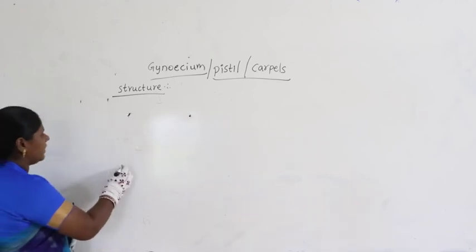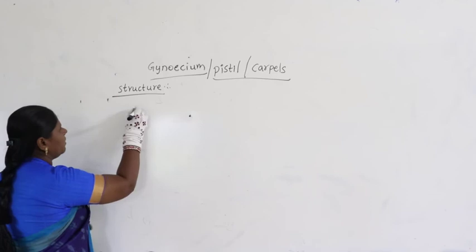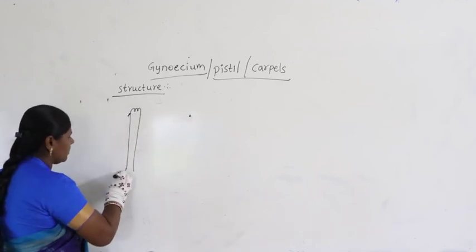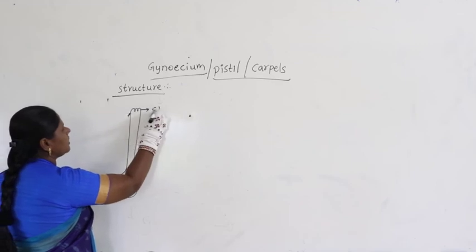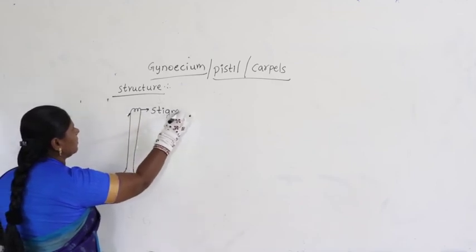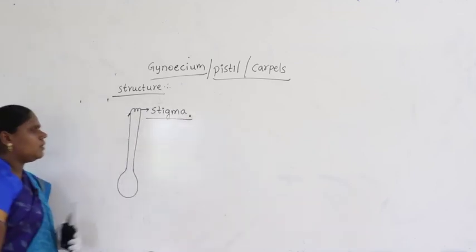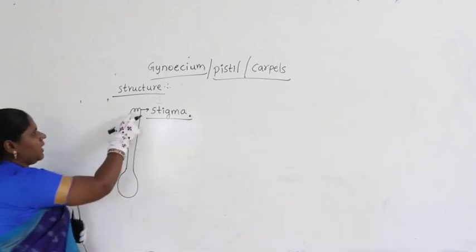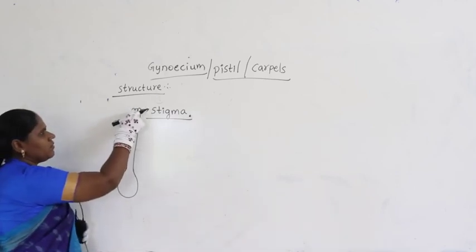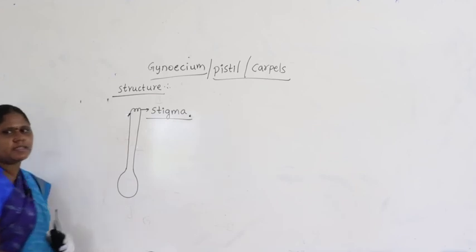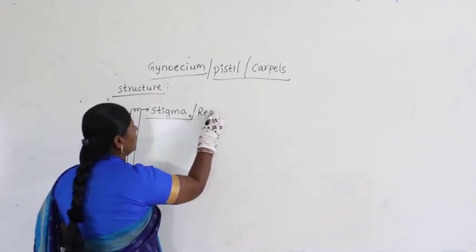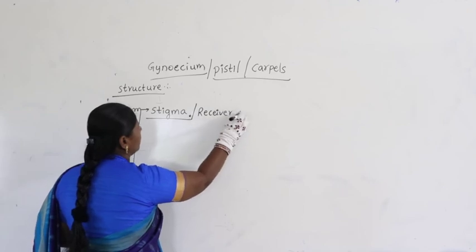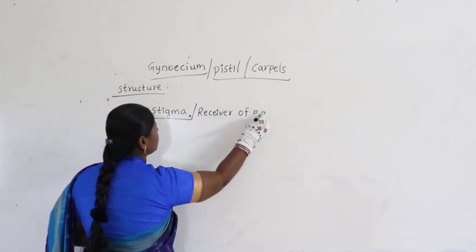Now if you look at the gynoecium structure, we find a long structure like this. Now this is called stigma. In the upper part, you find some infoldings or invaginations; it is called stigma. Stigma is also called the receiver of pollen grains.